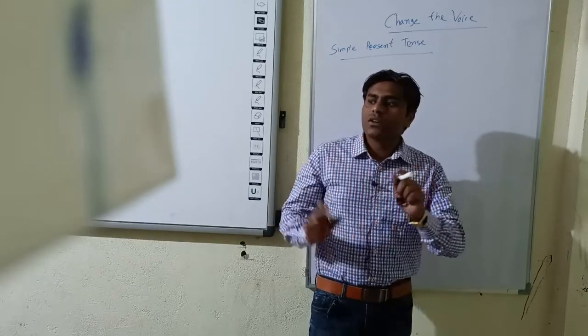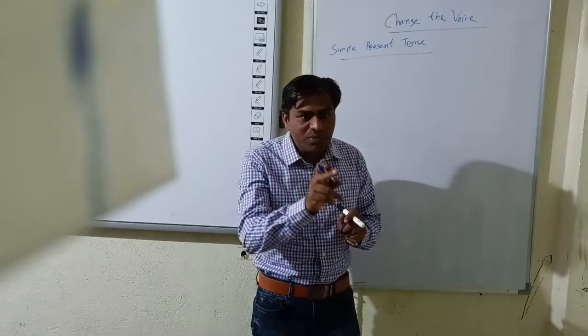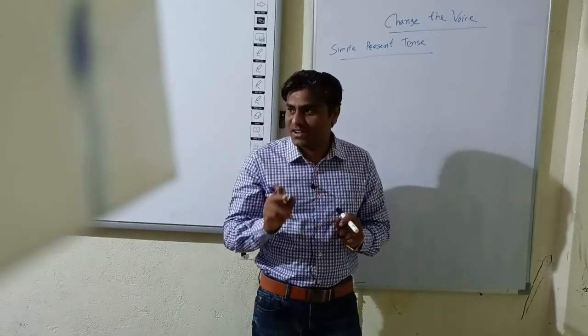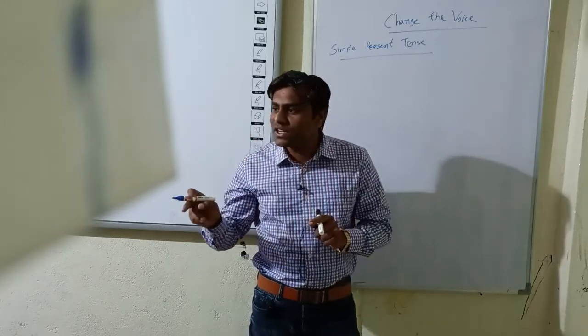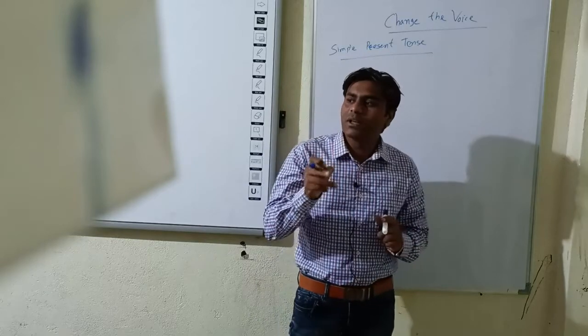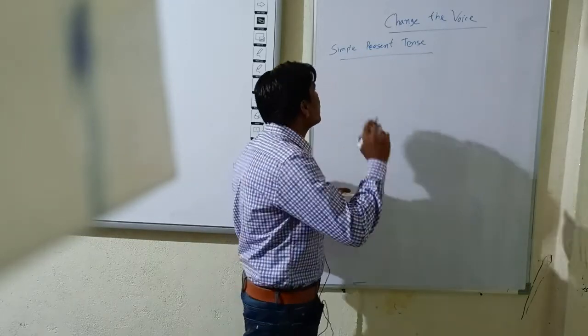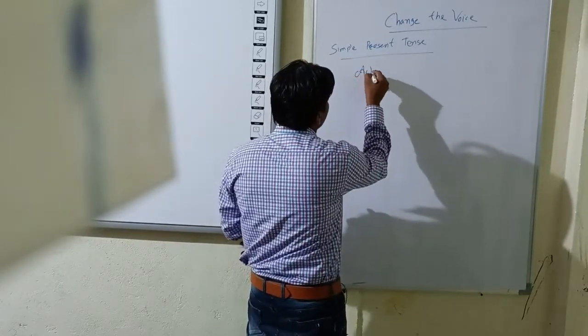Yes. Now in the passive sentence, the object takes the place of the subject. The object which was in the active sentence should be in the place of the subject. Now the sentence here is of the active voice.